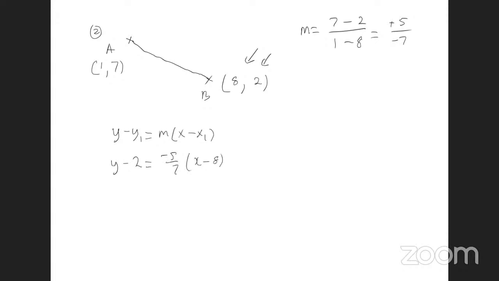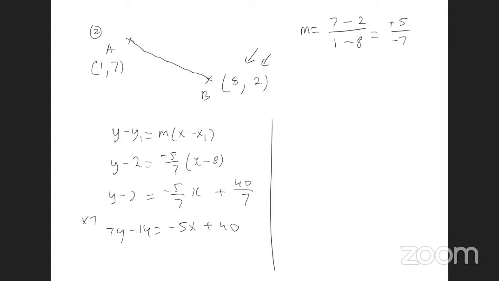So you'll get y minus 2 is equal to minus 5 over 7 by x plus 5 by 8 is 40 on 7. Multiply everything by 7. 7y minus 14 is minus 5x plus 40. Right? Bring everything on one side. 40 plus 14, 7y is minus 5x plus 54.